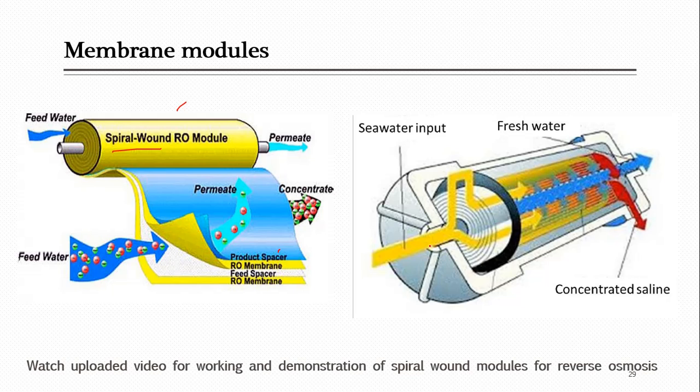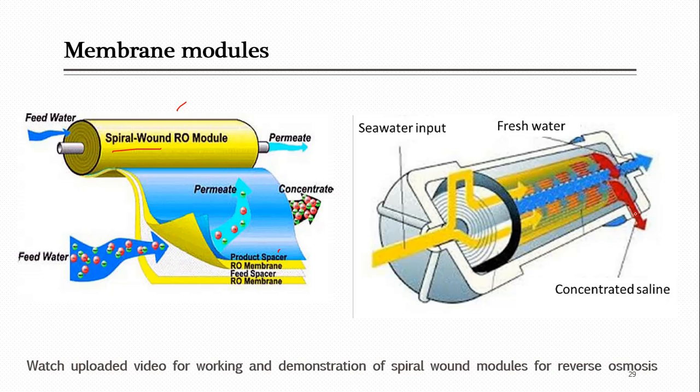In this module you can see that feed enters from one end, and it is a spiral wound module. Some part will permeate through the membrane and be collected inside the inner, central tube, and what is not collected leaves at the other end as a retentate.